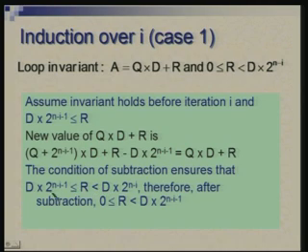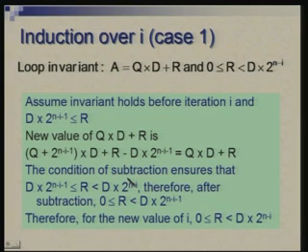Now r lies in this range, and after the iteration, once you have subtracted this quantity from r, you can see that r is going to lie in this range. r was in this range, from both sides you can subtract this quantity, and now after the iteration r lies in this range.